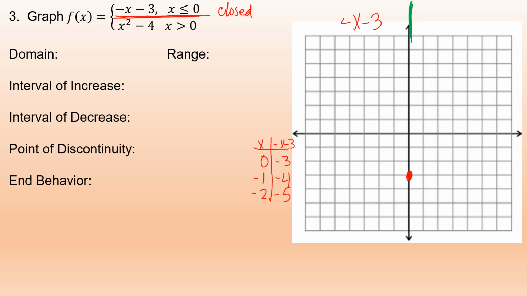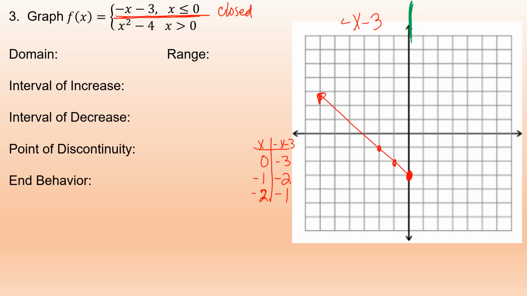There we go. There is the line segment for that one. It's a ray, that section of it.